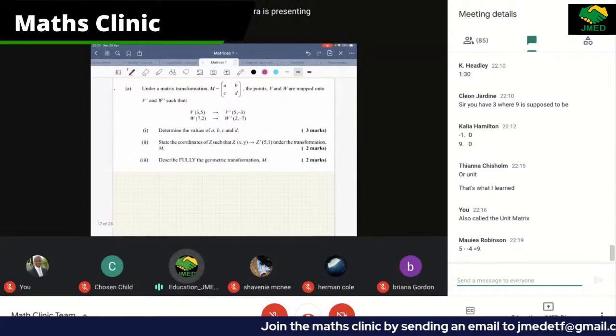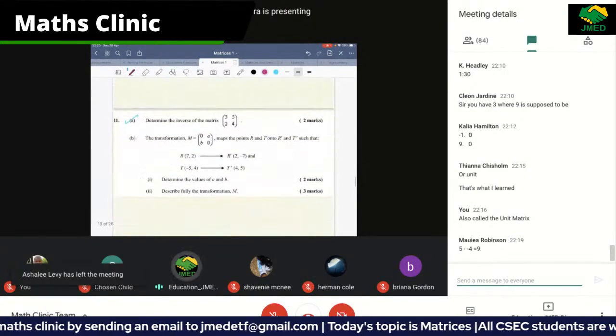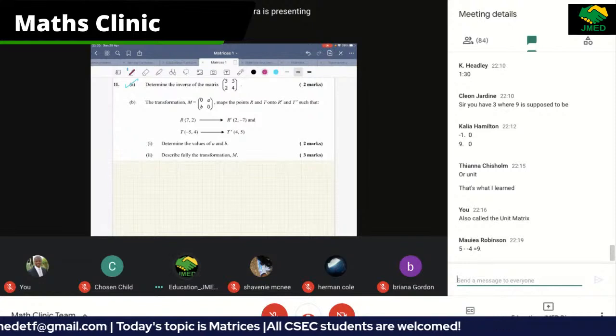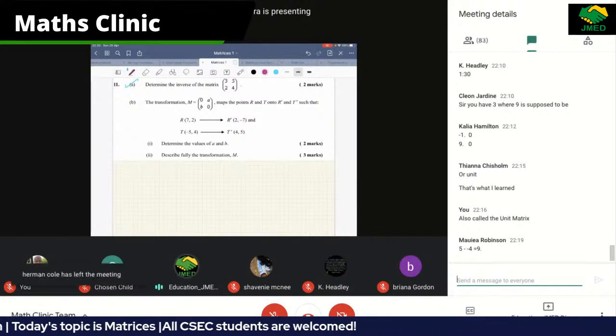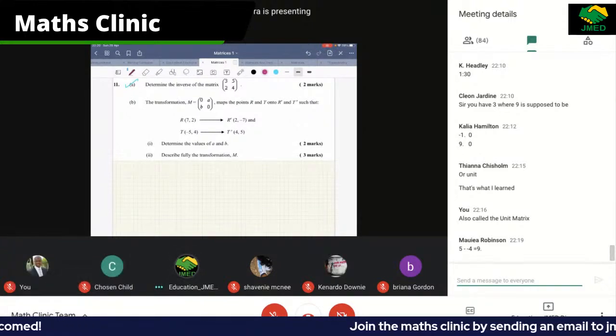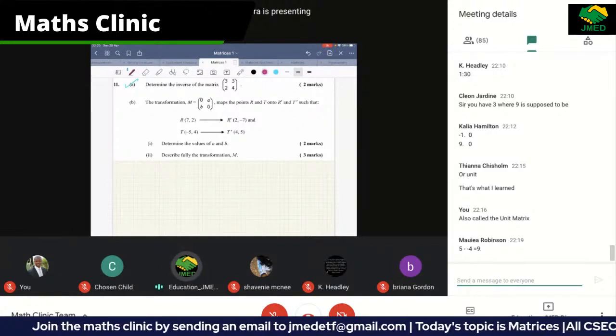Let's look at this. No, I don't want to touch this one because that's a little challenging. Let's do this one. I'm going to work with just part A. We're finding the inverse of this matrix.